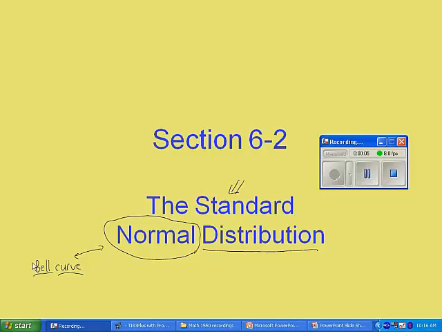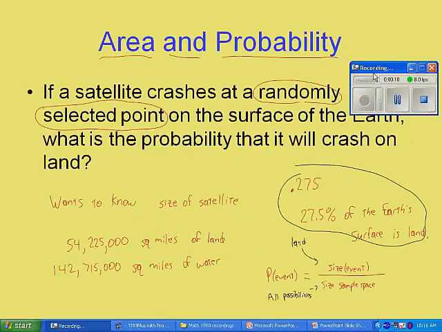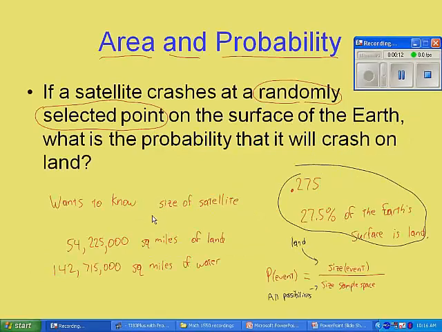Okay, so here we go. Yesterday, or I should say Tuesday, we talked about a couple things. We talked about the relationship between area and probability. And we said that this is an important idea for a certain kind of distribution.